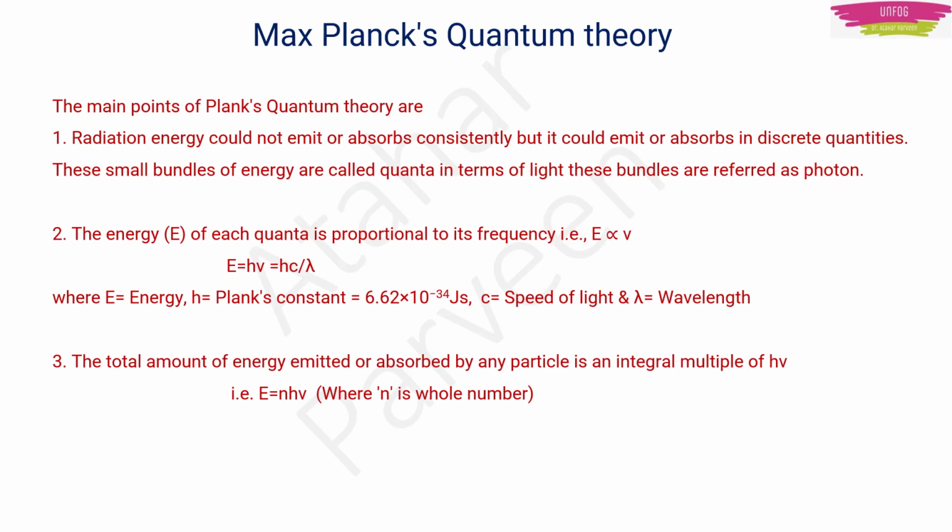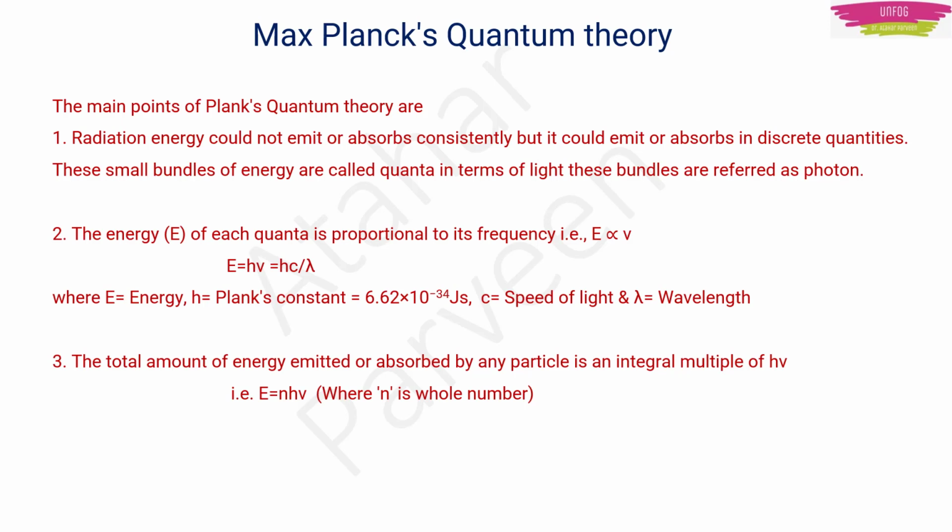Now, till now everything was clear, right? Newton told that light consists of particles. Then Huygens and Maxwell told that light is a form of a wave. And Max Planck told that no, light has energy in the form of bundles of energy, or quanta. We call them photons.